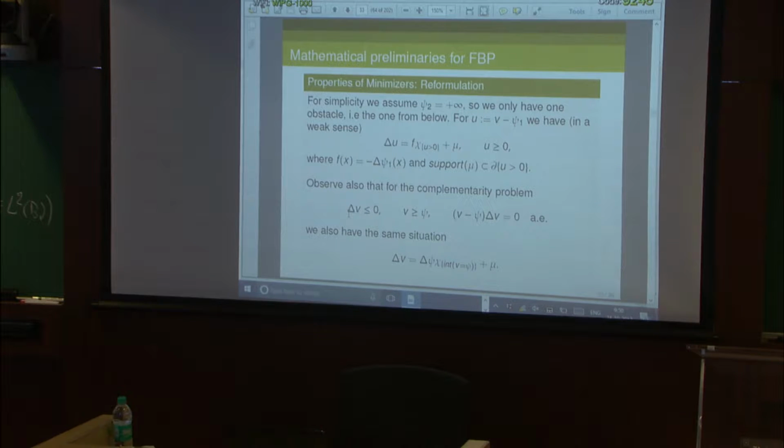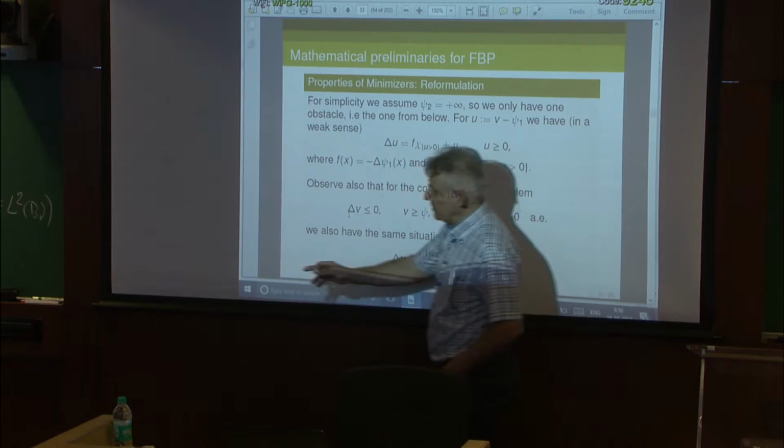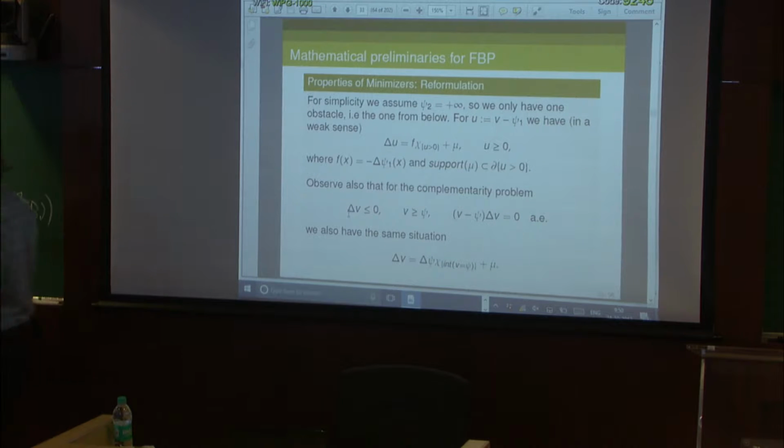So all you need is that this function is in L2. F is in L2, it means that psi is in W2,2. So W2,2 would mean, if you go back here, this, and the second derivatives are in L2. Then it has a meaning.